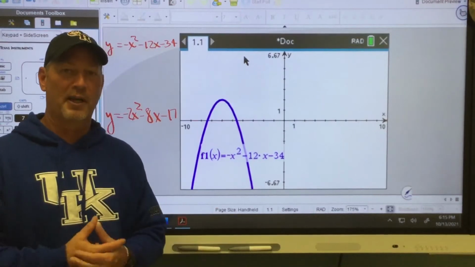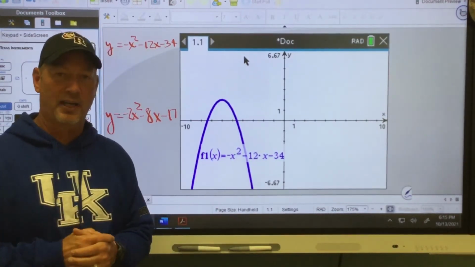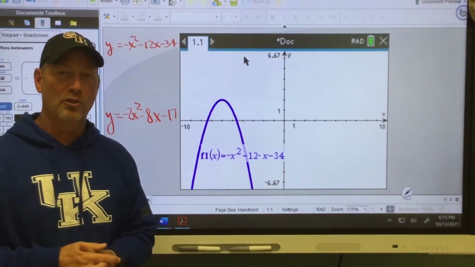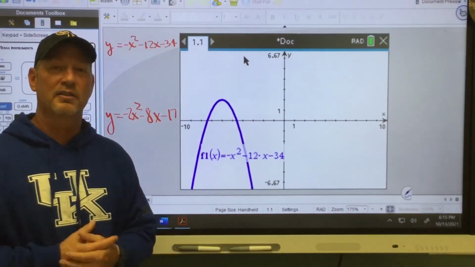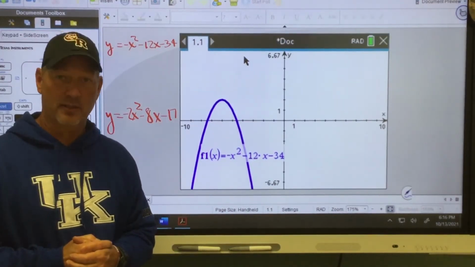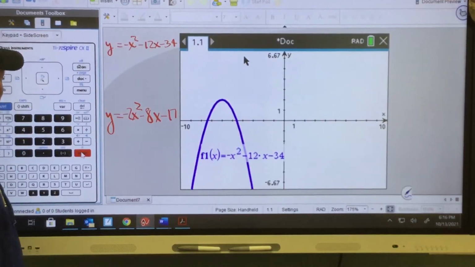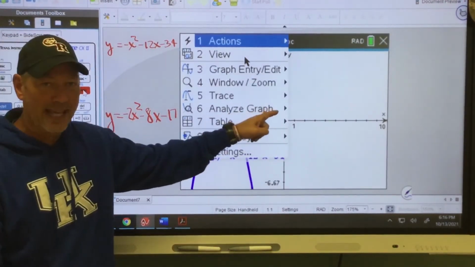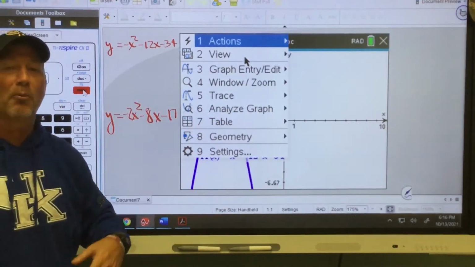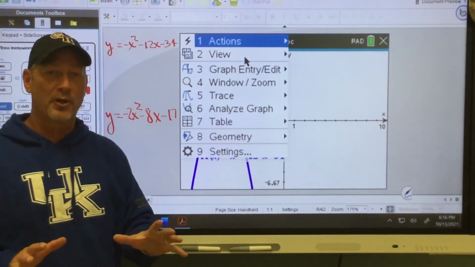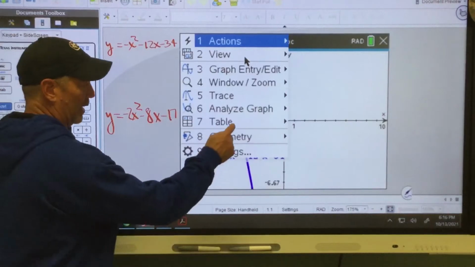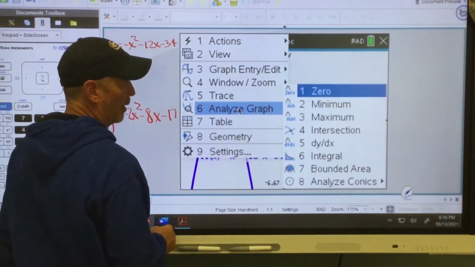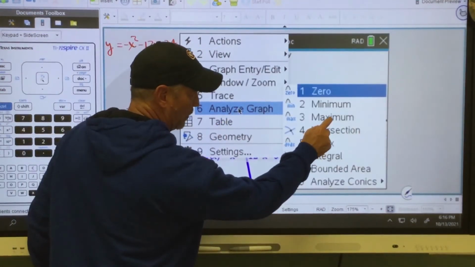Now I'm going to show you how to use the calculator to find a lot of these things. The first thing I want you to find is the vertex. Menu. I'm going to ask you to choose Analyze Graph. There are more than one way to do this, but I'm going to go to Analyze Graph. We're going to look for our maximum value.